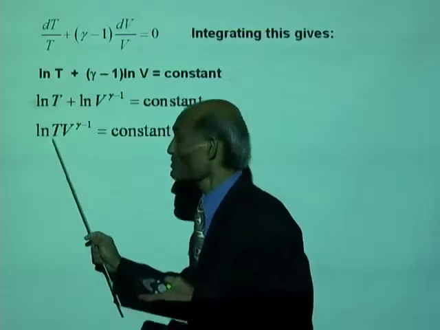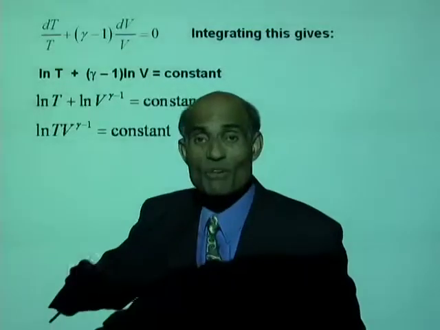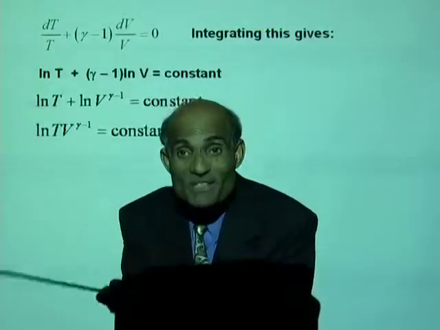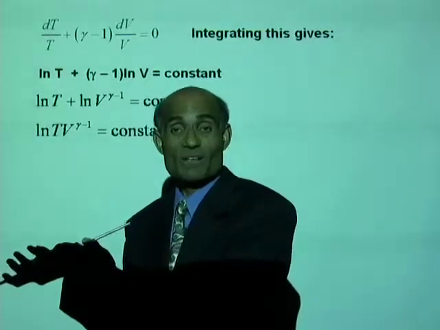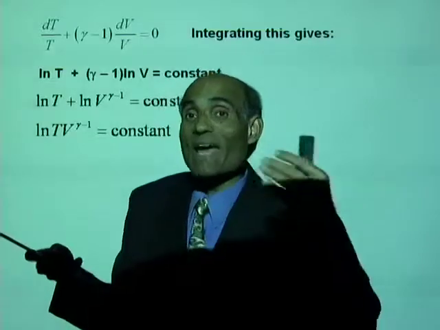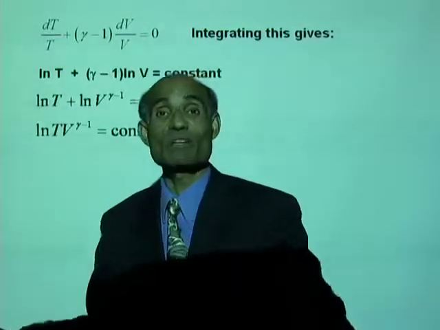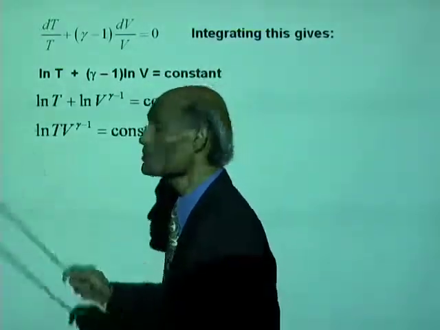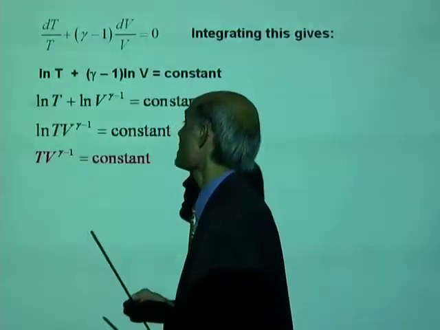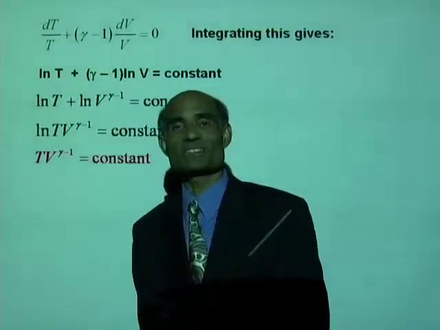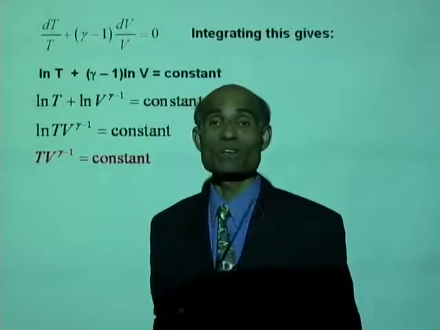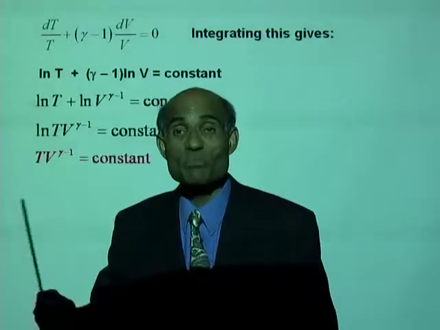Now, watch this again. If ln of a quantity is a constant, then that quantity itself has to be a constant. Only if a quantity is a constant will ln of that quantity be a constant. So what is our conclusion here? T V to the power of gamma minus 1 is a constant. Now, this is one equation for the adiabatic process.